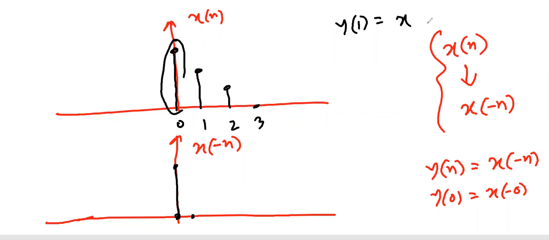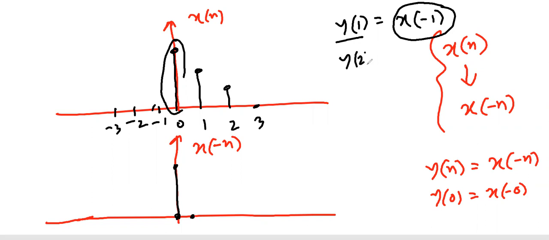This will be x[-1]. Where is minus 1? This is minus 1, minus 2, minus 3. Is there any value at x[-1]? No, there is no value. So that means at y[1], we don't have any value.